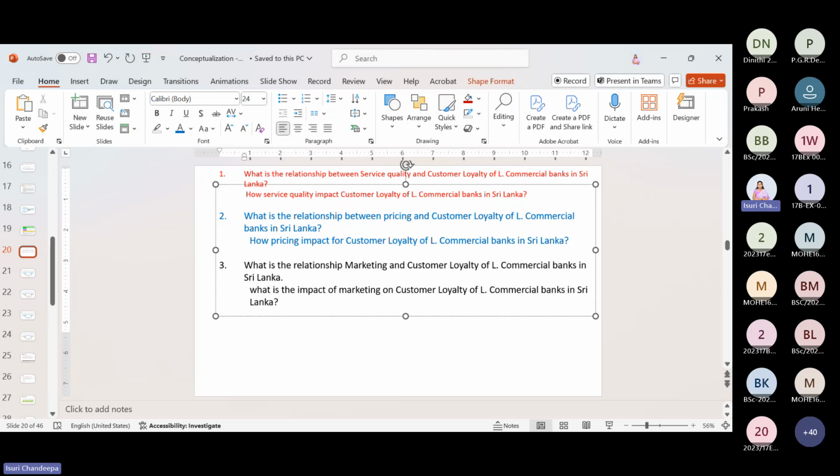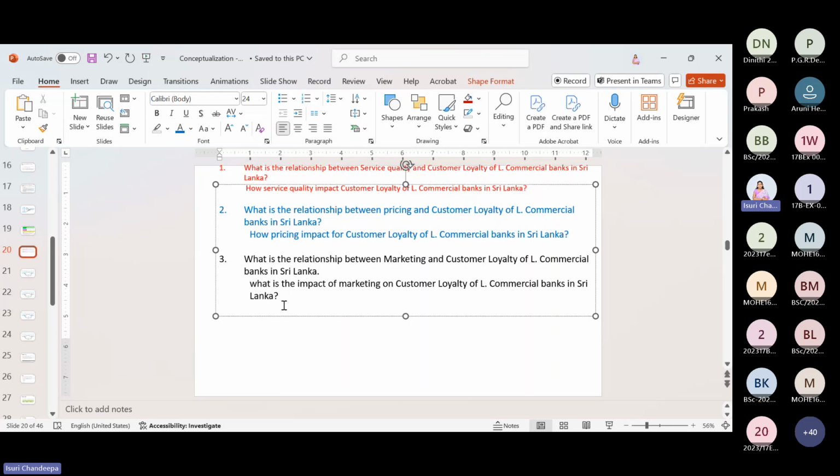So you can start it with what is the relationship between marketing and the customer loyalty of licensed commercial banks in Sri Lanka? And another way, what is the impact of marketing on the customer loyalty of the commercial banks in Sri Lanka? Again, you can write it down like this also.